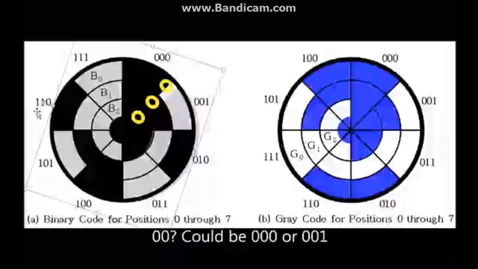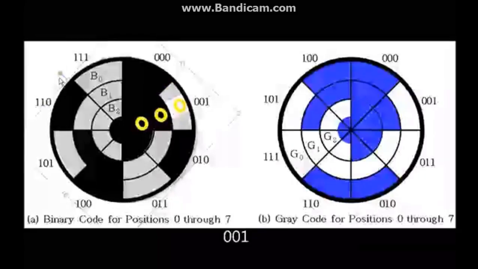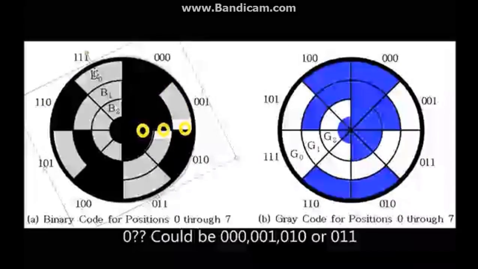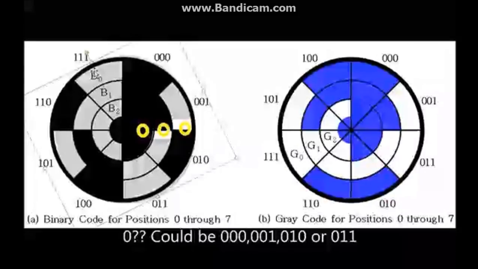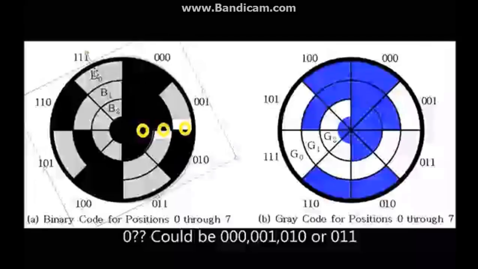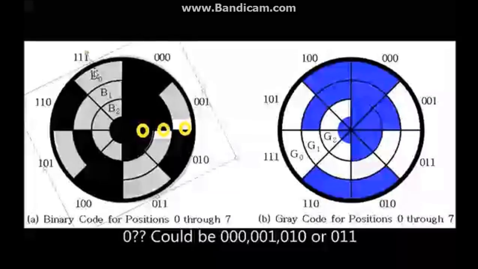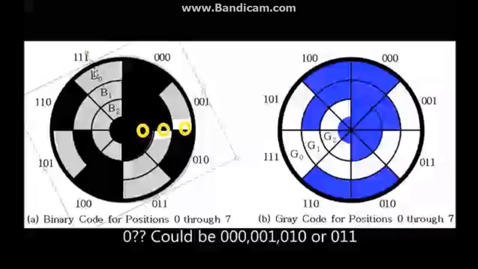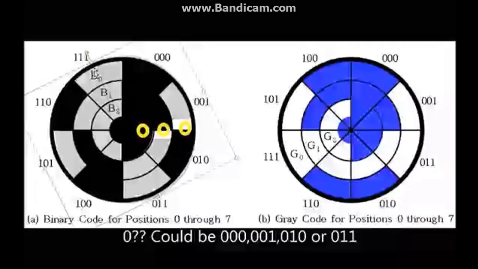However, as we continue to rotate it around and we get a nice clean reading 001, when the transition goes between 001 and 010, we notice now that there are 2 bits that are ambiguous. So it could be 0, and then the other 2 values could either be 0s or 1s. So therefore, there's 4 possible states there. Could be 000, 001, 010, or 011.